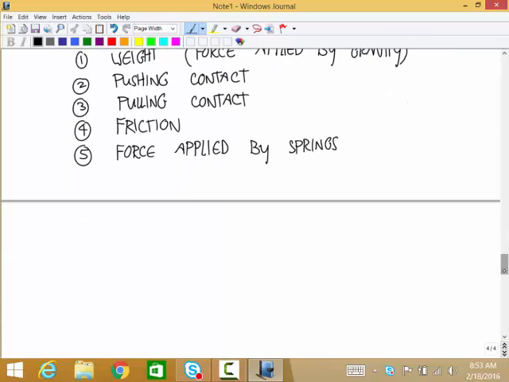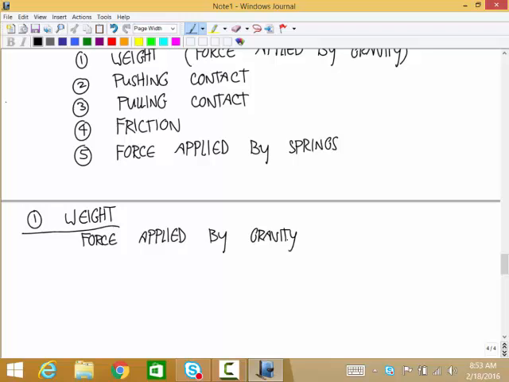All right, so the first thing is weight. That's the force applied by gravity. Later we'll talk about gravitation when you're a long distance from the surface of the Earth.